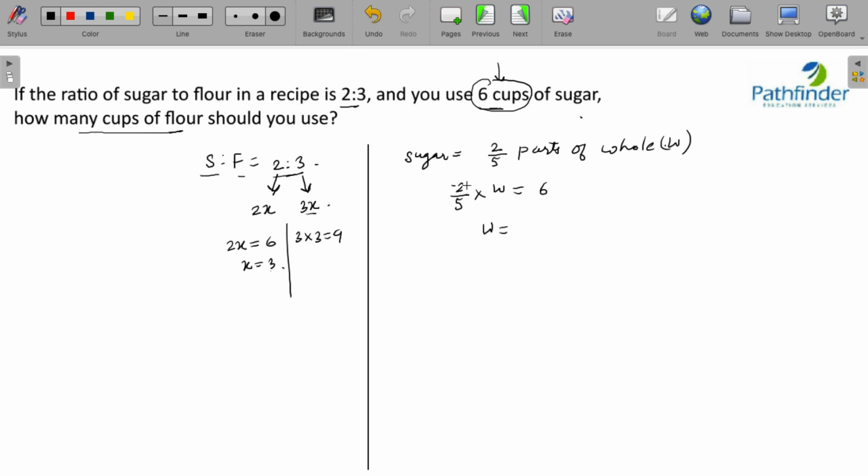So what is the value of W? 2 3s are 6, and you get the whole as 15. Now if the whole is 15, that means sugar plus flour is 15, and sugar is 6. What will be the quantity of flour? 9, the same answer. So you need to understand both these interpretations and both these methods of calculating values in ratio.